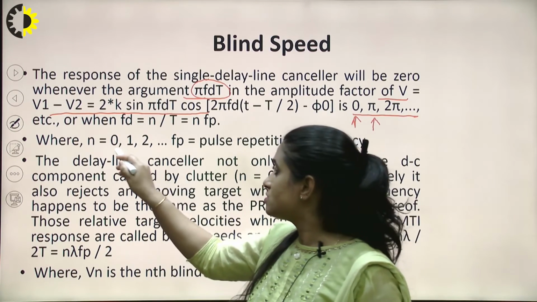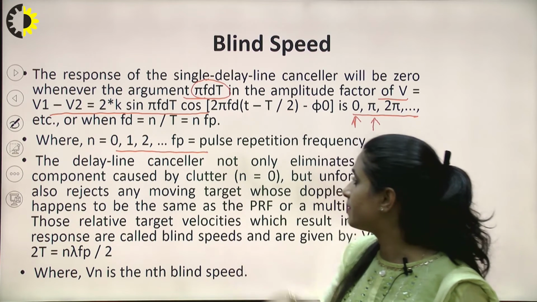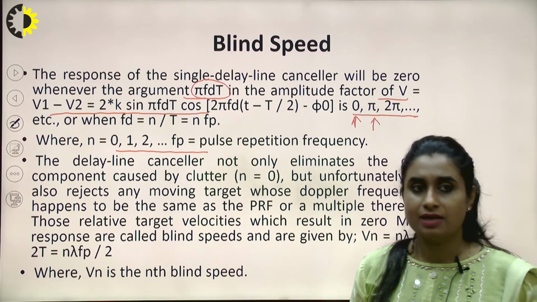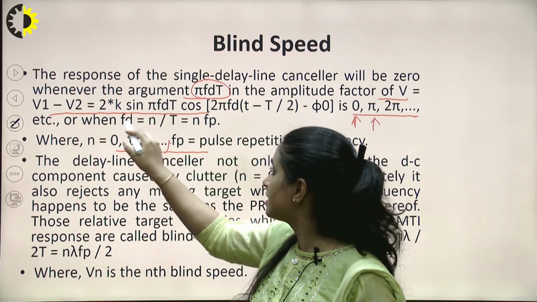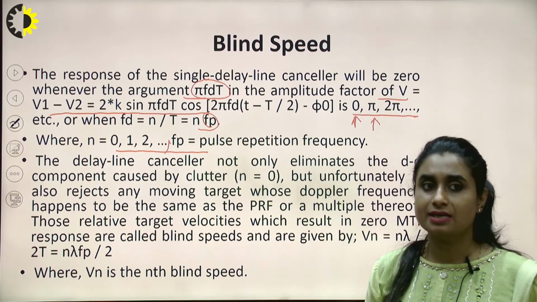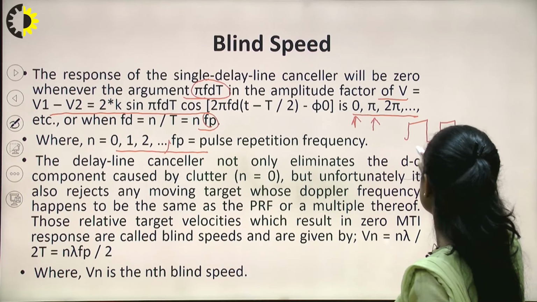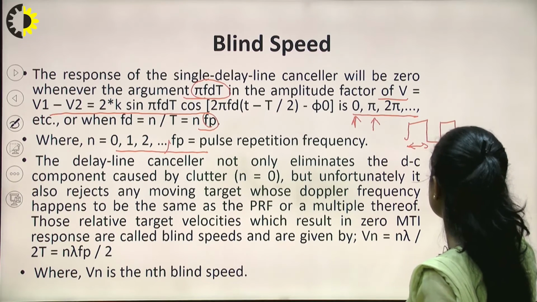Here the blind speeds occur at n times fp, where n equals 0, 1, 2 up to any point. Here in this equation, fp is my pulse repetition frequency, that is the inverse of the time duration of repetition of the pulse, right?